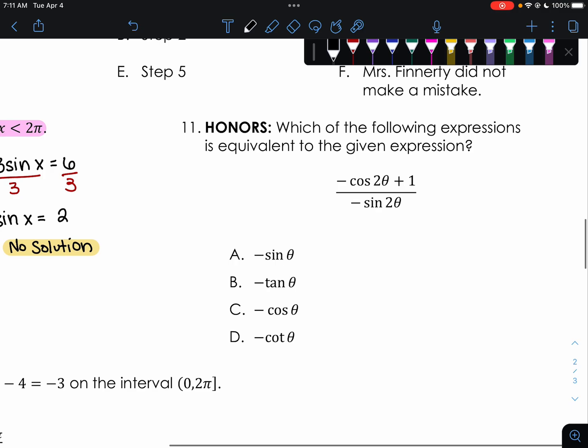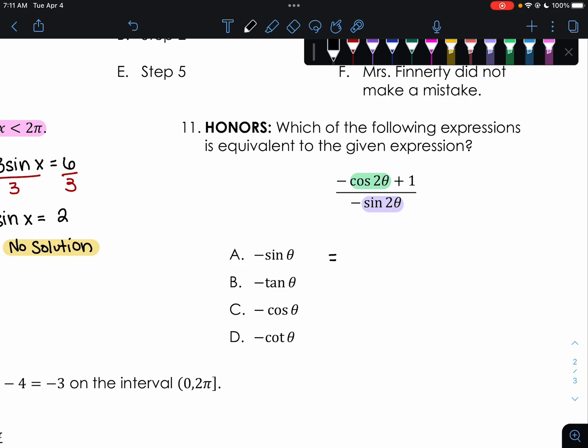So which of the following expressions is equivalent to the given expression? I see that I have a cosine 2 theta and a sine 2 theta. Those are both double angles, so I'm going to replace those with a double angle. For cosine, there's 3 different options.